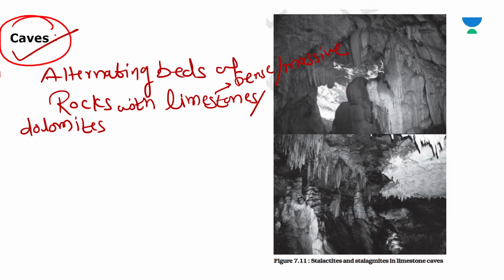So there can be a maze of caves at different elevations depending upon the limestone beds and intervening rocks. Caves normally have an opening through which cave streams are discharged.